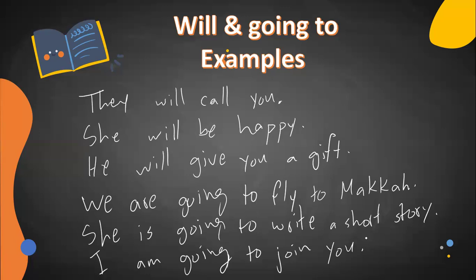All of these sentences are in the future, but will is used to talk about what? To talk about the things that we are deciding right now at the moment of speaking. There is no plan. While going to is used to express the planned actions.